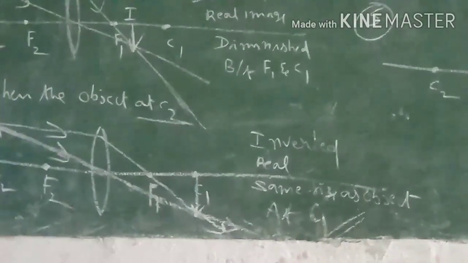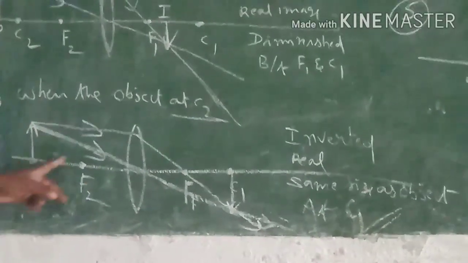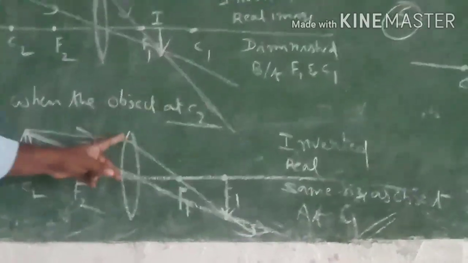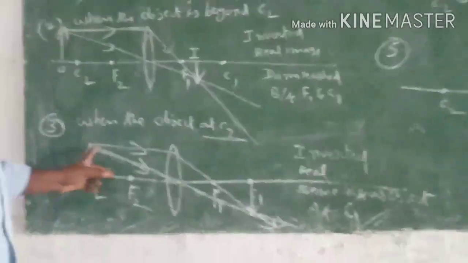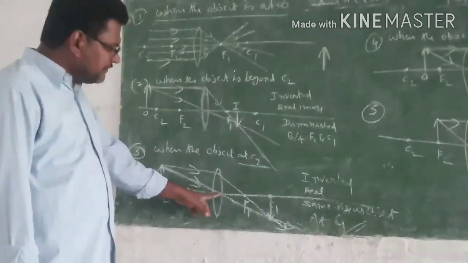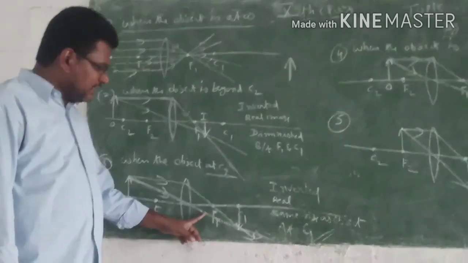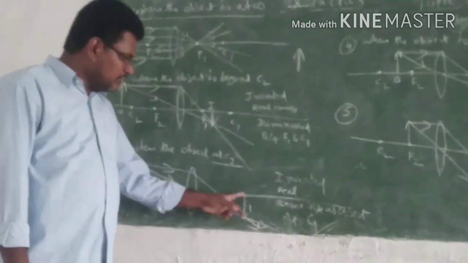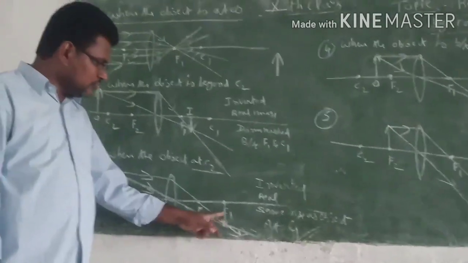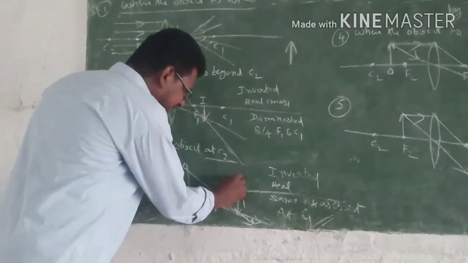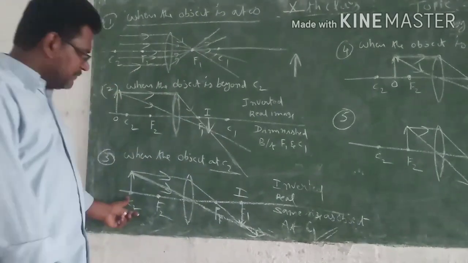So to form the image of this object, here we took two incident light rays. One is parallel to the principal axis and another one is passing through the optic center. After the refraction, these two refracted light rays intersected at this point, and we drew a perpendicular from the principal axis to this intersecting point, and this is called the image of this object.